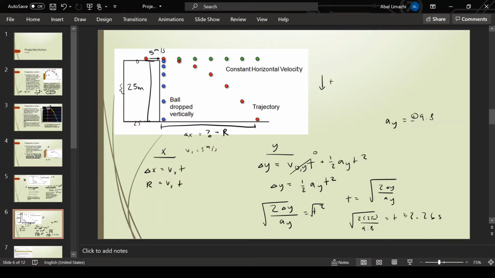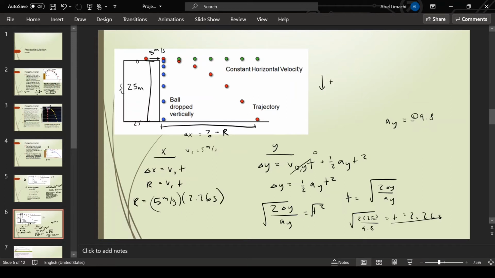Alright, we found the time. It took us a while, and I tricked you in the process, but we found the time. It wasn't that bad. So now we can plug this time of 2.26 seconds into this x direction equation, because again, remember, we're looking for this r. R equals Vx, and we said Vx is 5 meters per second, times 2.26 seconds.